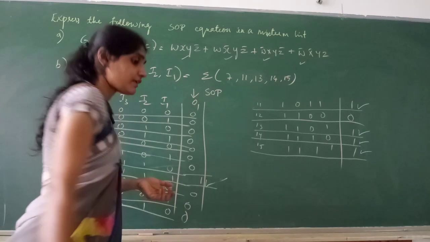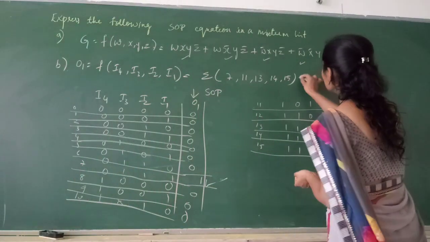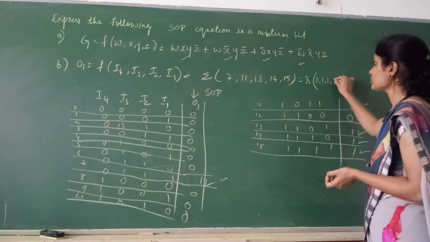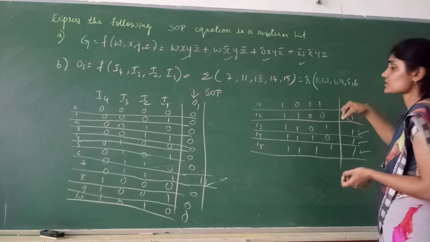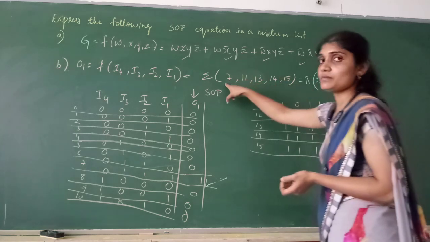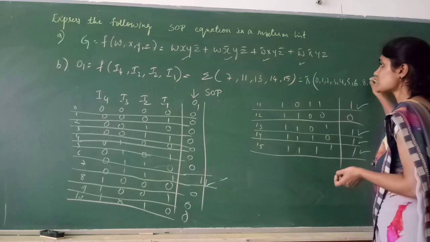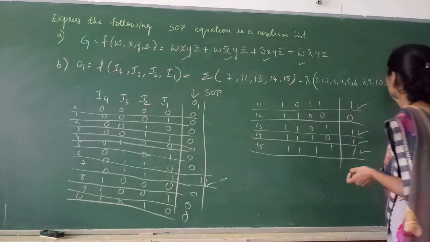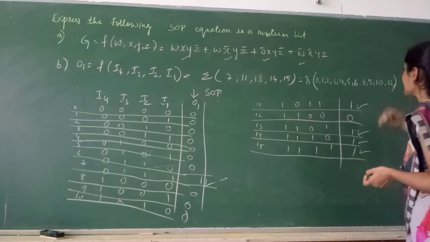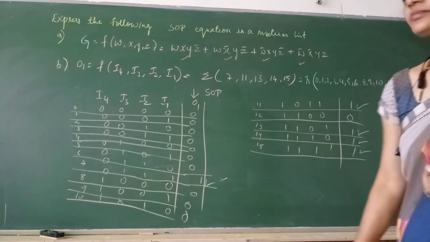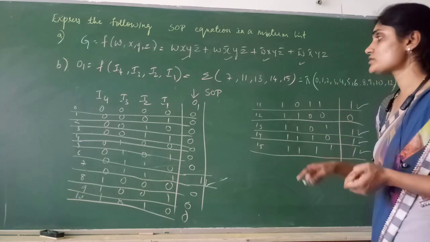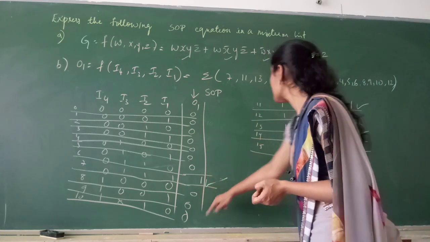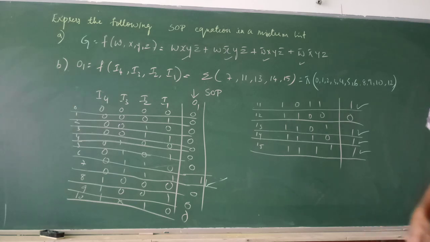So if I list out the max terms, just look here. The max terms will be 0, 1, 2, 3, 4, 5, 6. I cannot write 7 because 7 is a min term. Then 8, 9, 10. I cannot write 11 because 11 is a min term. 12, and 13, 14, 15 are min terms too. So these are the max terms. For 0, 1, 2, 3, 4, 5, 6, 8, 9, 10 and 12, the output is taking 0.